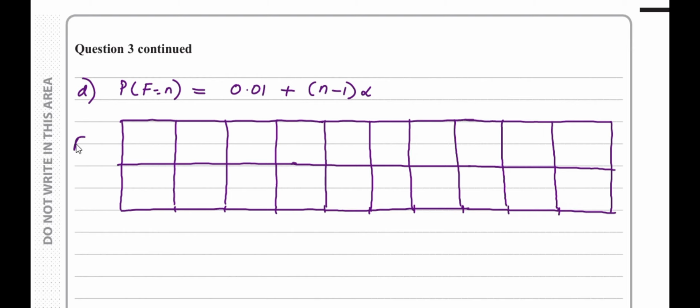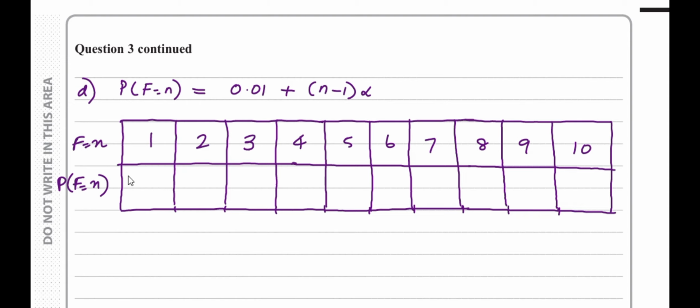So here f is equal to n, and this represents probability of f being equal to that value of n. N represents the throw in which the dart first hits the target. So first hits the target for the first time on the first throw, second throw, third throw, fourth one, fifth one, sixth, seventh, eighth, ninth, and the 10th one.